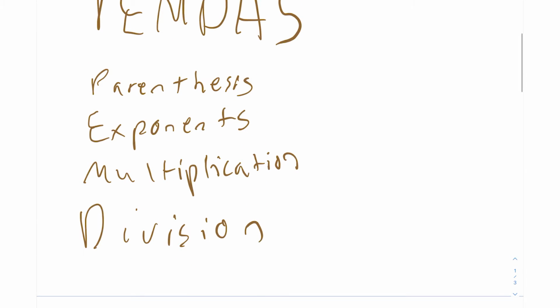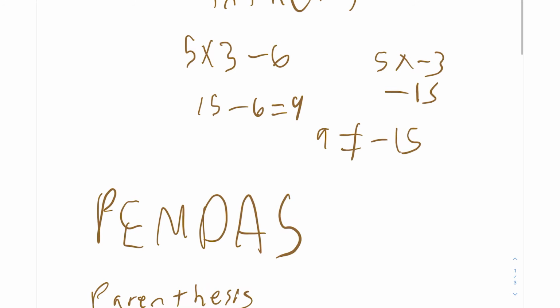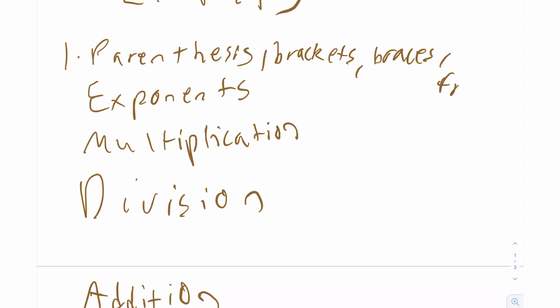So, to solve a problem like the one that we had just done before, 5 times 3 minus 6, you'd have to start with any sort of parentheses. So this is first. Parentheses, or brackets, braces, or fraction bars. The second step is to use exponents.